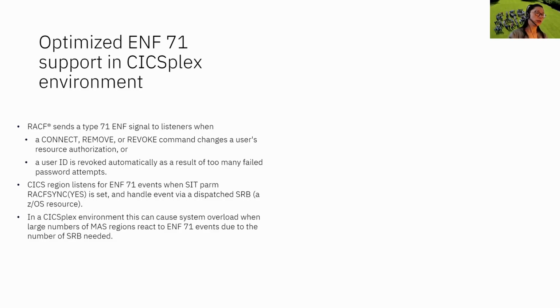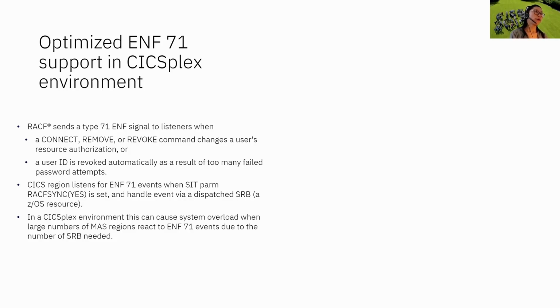So the last part of this session I'm going to show you is around CPSM. You may have CPSM in your environment to manage your CICS regions. And one thing in the CICS region is user ID.